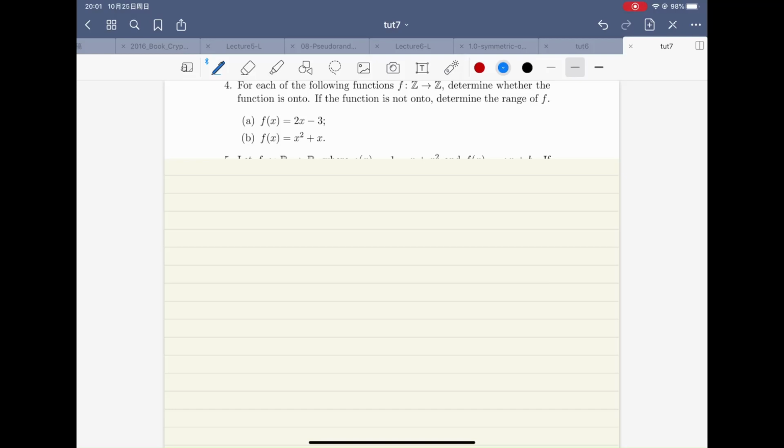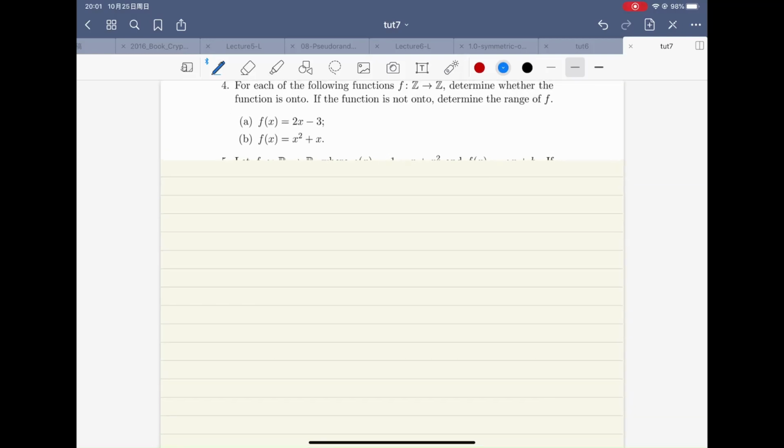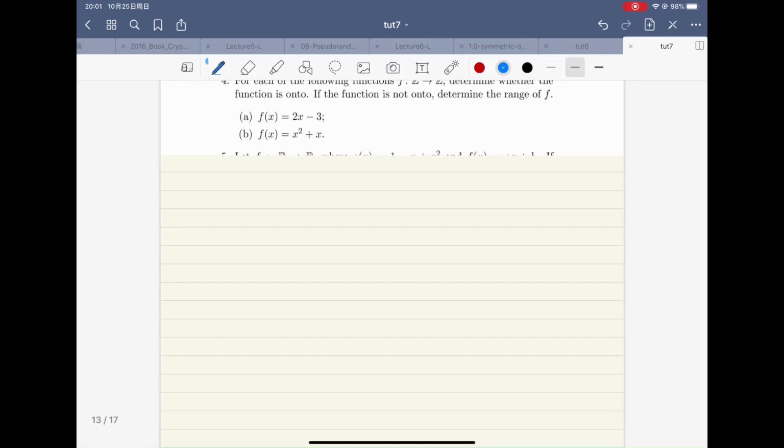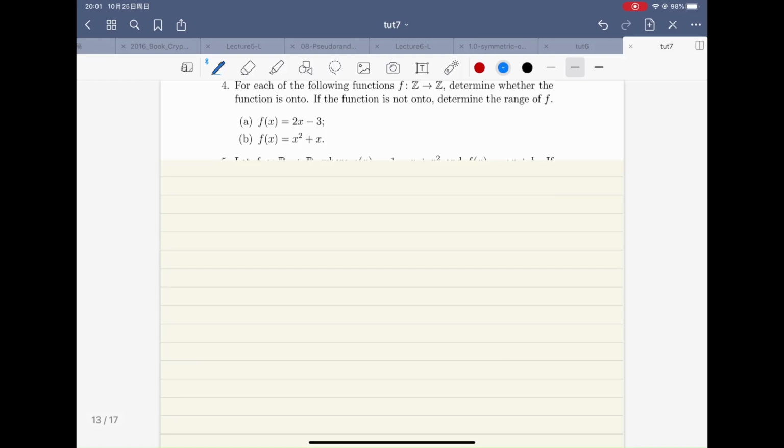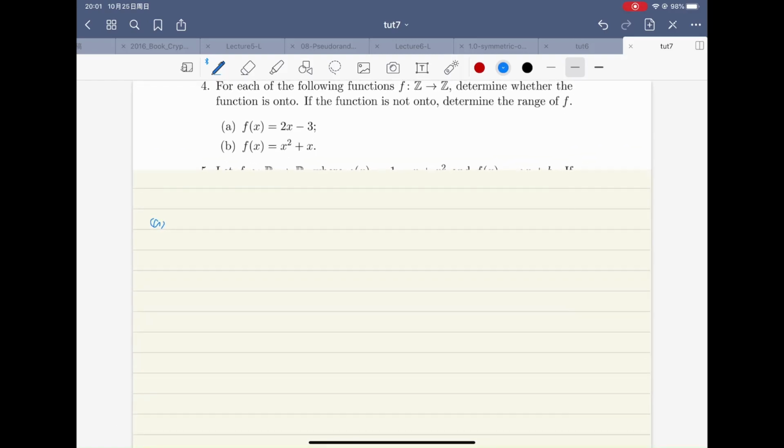So let's have a look at the first function. The first function is f(x) equals 2x minus 3. Let's check whether it is onto.